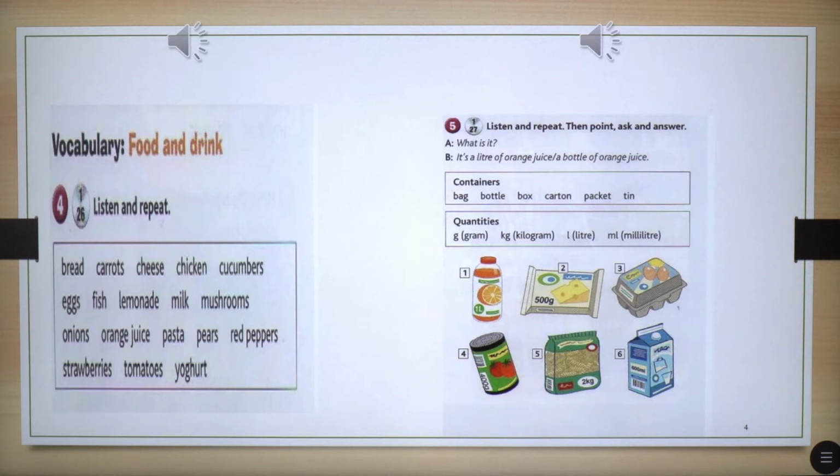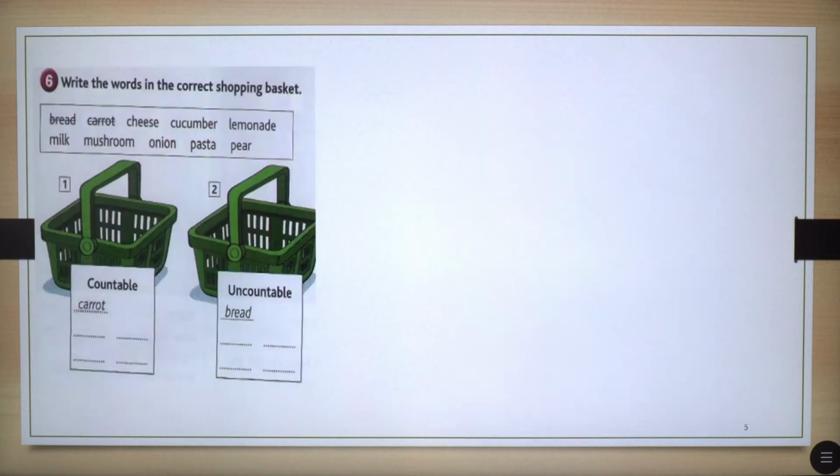The last one, we can see it's milk. How do we call the container that we keep milk in? It's a carton. That's right. We call it in English a carton. So we keep milk in the carton. Okay. Let's continue.